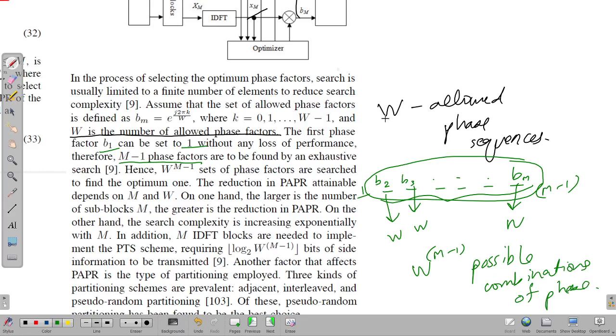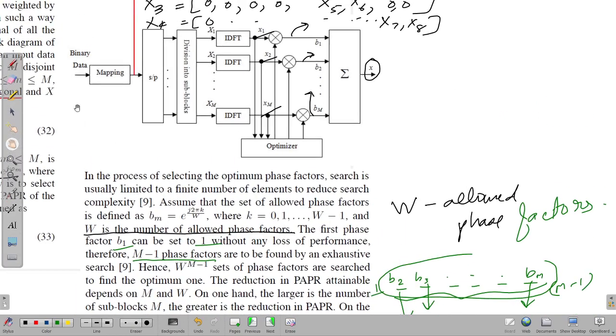So there are w allowed phase factors, and the first phase factor b1 is set to 1. So you will have phase sequences from b2 to bm, and in each of these phase sequences, there are m minus 1 phase factors.